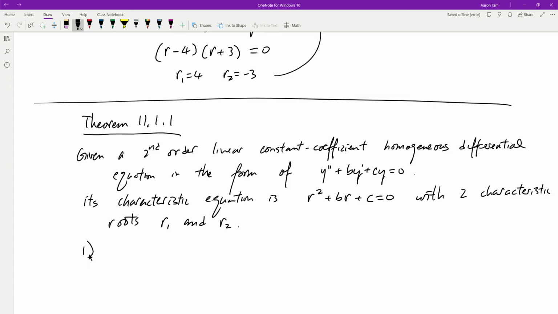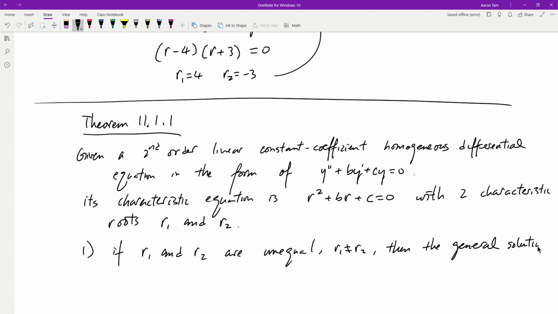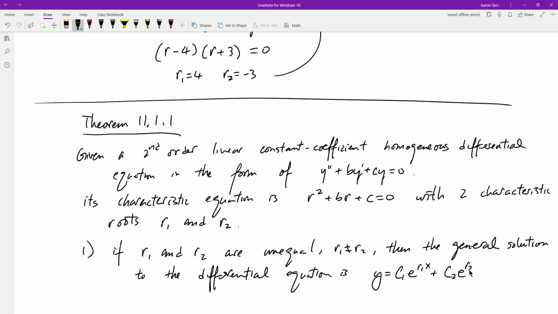Number one, if r1 and r2 are unequal, that means r1 does not equal r2, then the general solution to this differential equation is in this form: y equals c1 e to the r1x plus c2 e to the r2x.